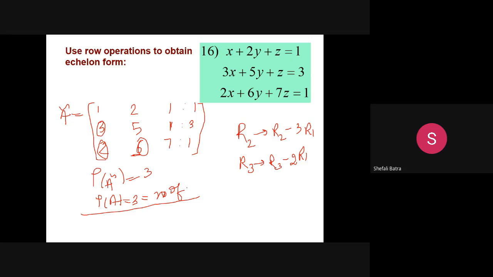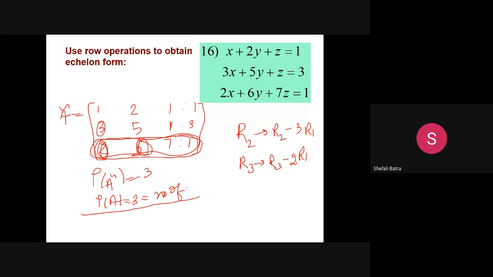Come to this step. This entry is 0, this entry is 0, and this is 7, and then colon 1. So if I need to write out this row in terms of variables, in terms of linear equation, what will you write corresponding to this row?